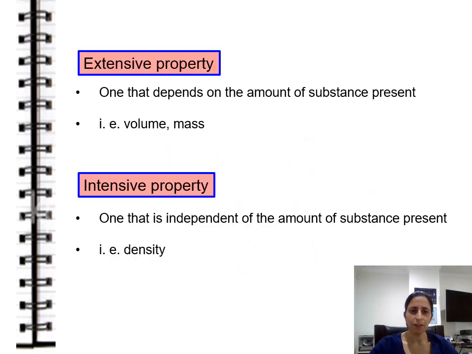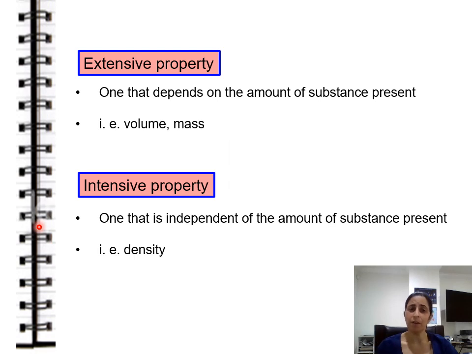Okay, so I would like to go over two terms with you guys, extensive property and intensive property. So extensive properties are those that depend on the amount of substance. For example, mass and volume. So if I am weighing, let's say, a piece of rock, if I cut my rock in half, its mass will also be cut in half.